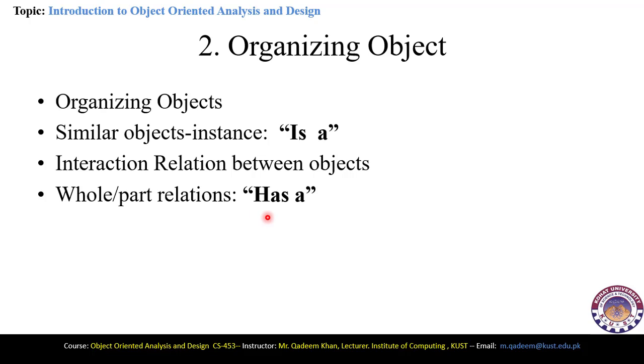For example, the whole or part relation can be defined through the "has a" relation. The "has a" relation gives us the generalization or the inheritance. For example, we say that the shape has a triangle, meaning that shape has different triangles.